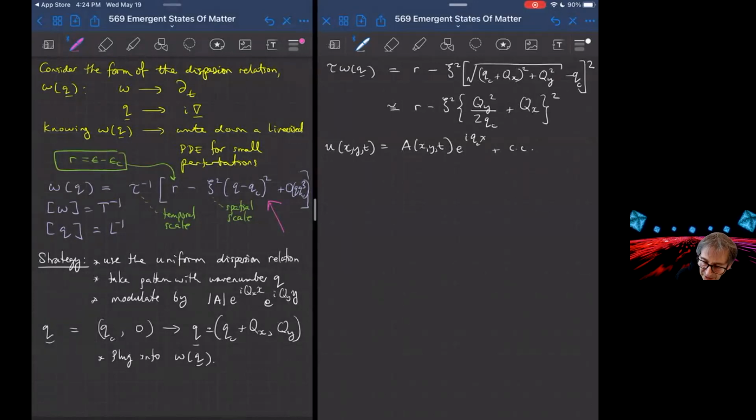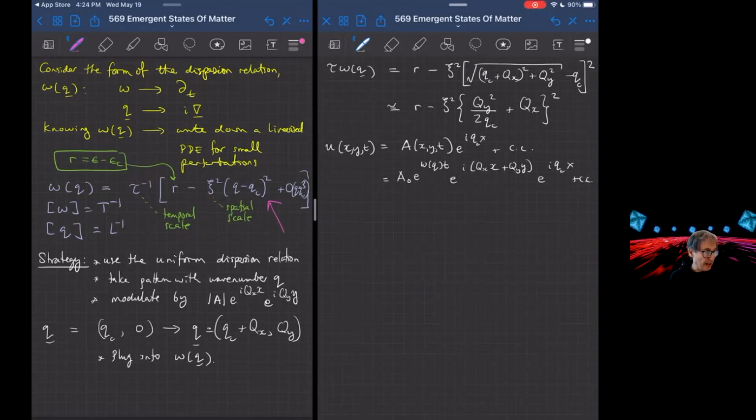Now substituting this form in, we get the following expression: a naught e to the omega q times t, e to the I qx x plus qy y, times e to the I qc x plus its complex conjugate.